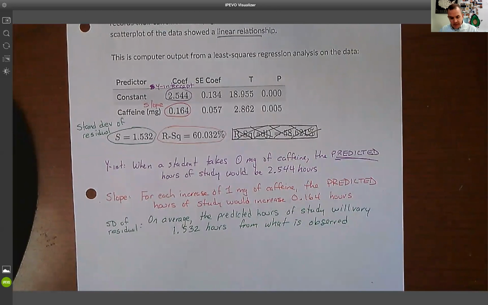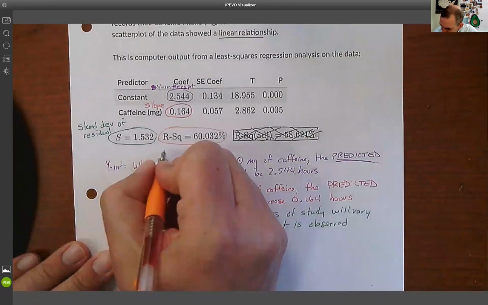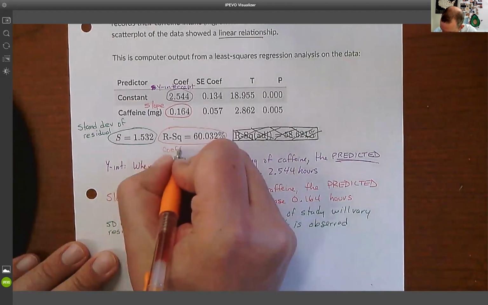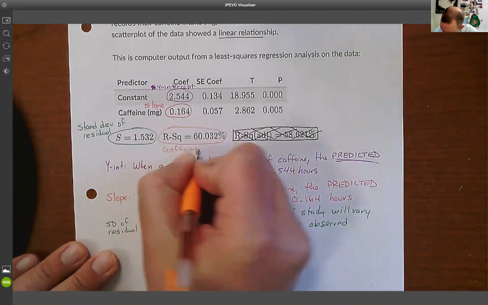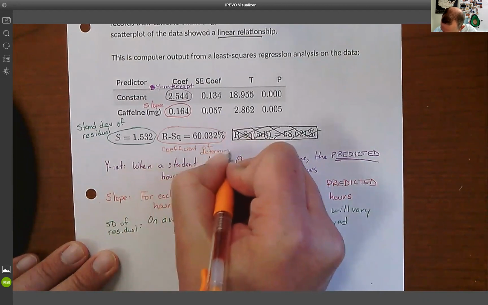And then the last one, this guy right here, the R squared. He's called our coefficient of determination. It's a name we have for him.